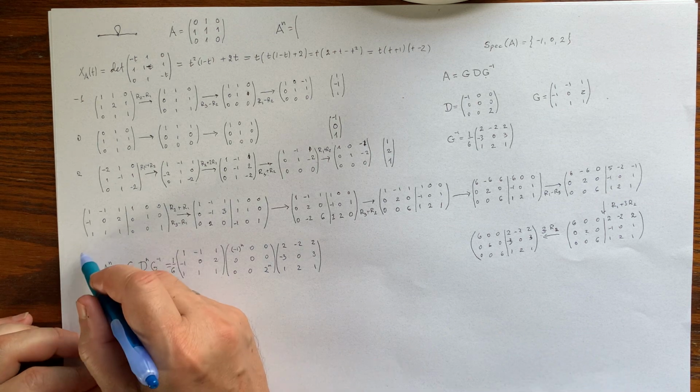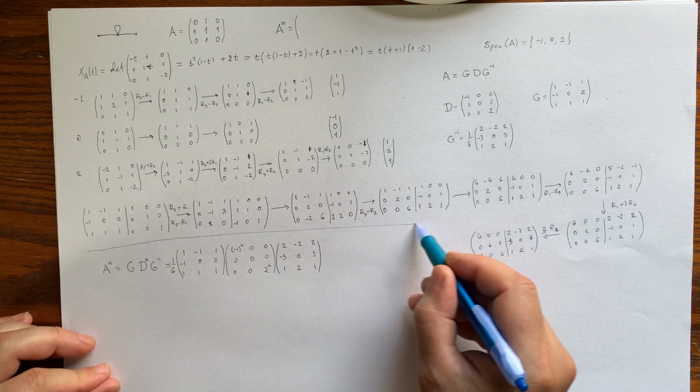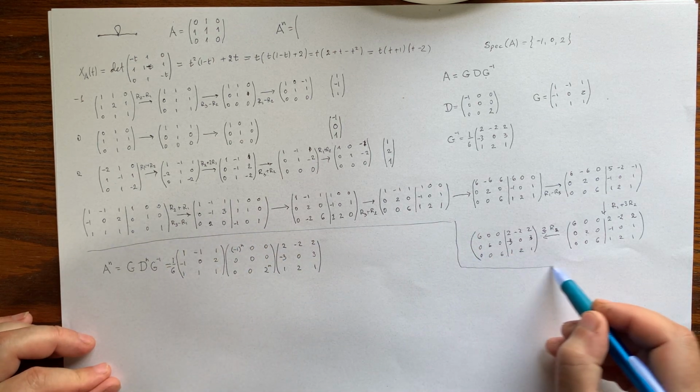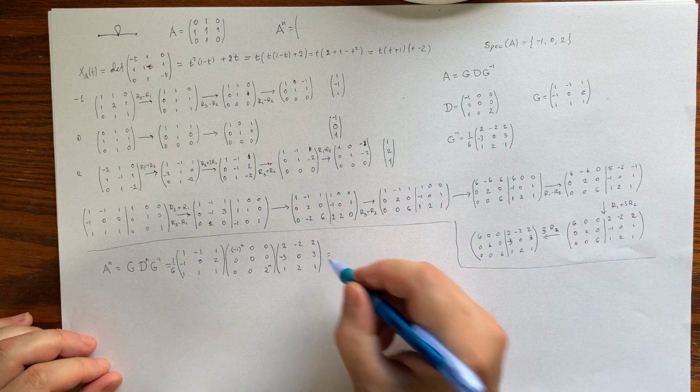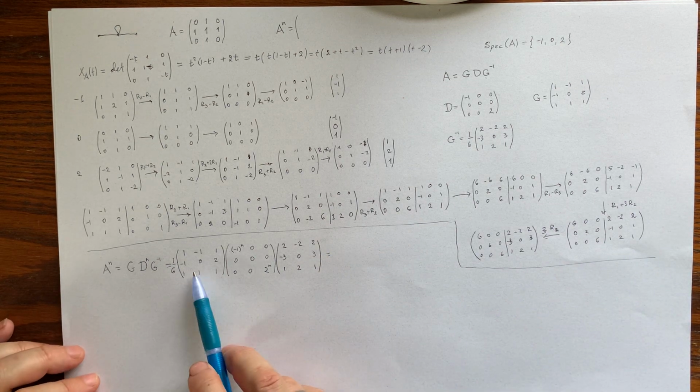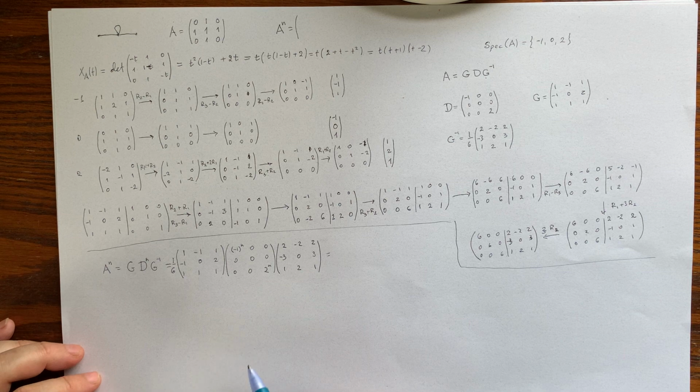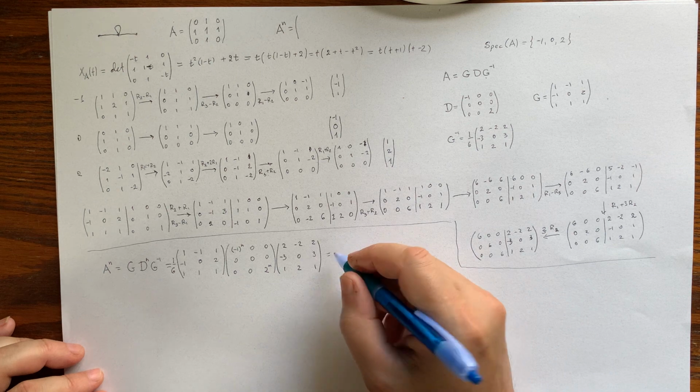So all we need to do now, let me put a divider between the previous computation and the current one, is to compute the product. And that will give us the answer for arbitrary entries of an arbitrary power of our adjacency matrix.